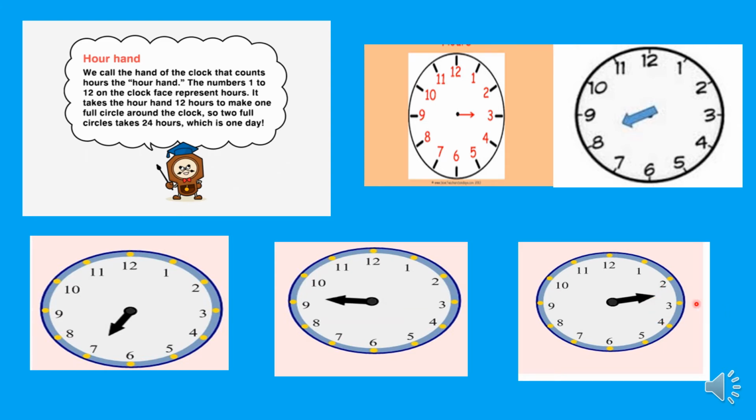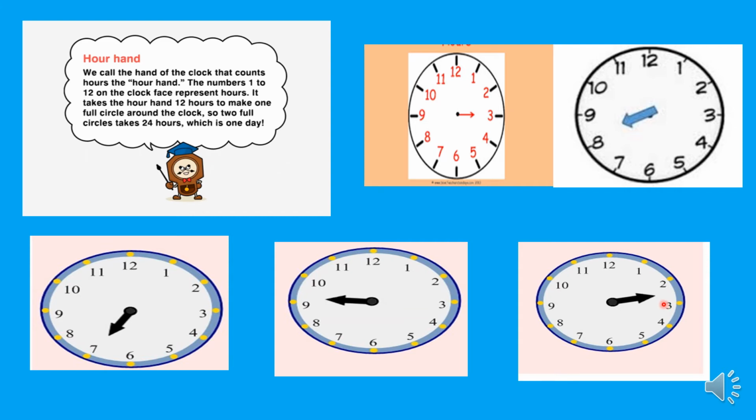When the hour hand reaches number 3, then only we'll say 3 o'clock. It will not be 3 o'clock until the hour hand points right at the 12. Up to that we will say only 2 o'clock.